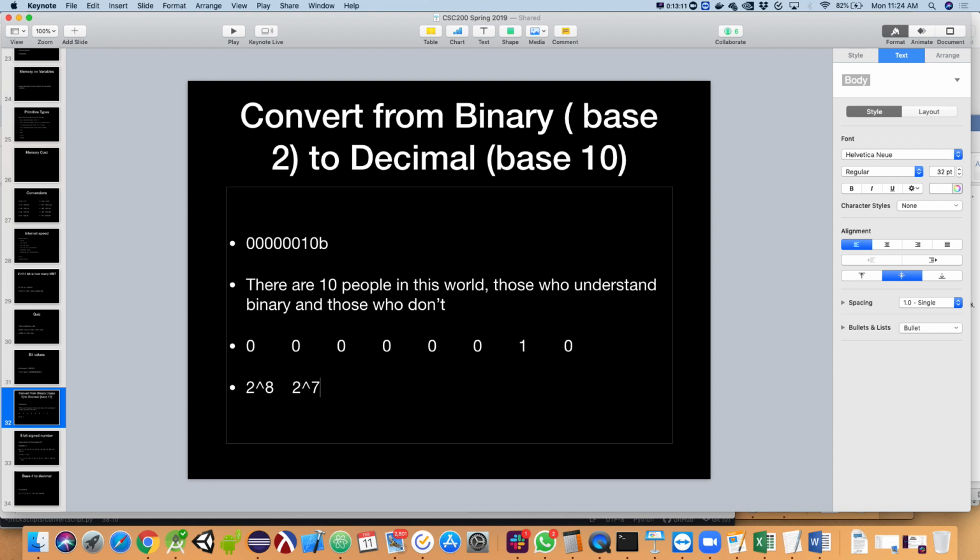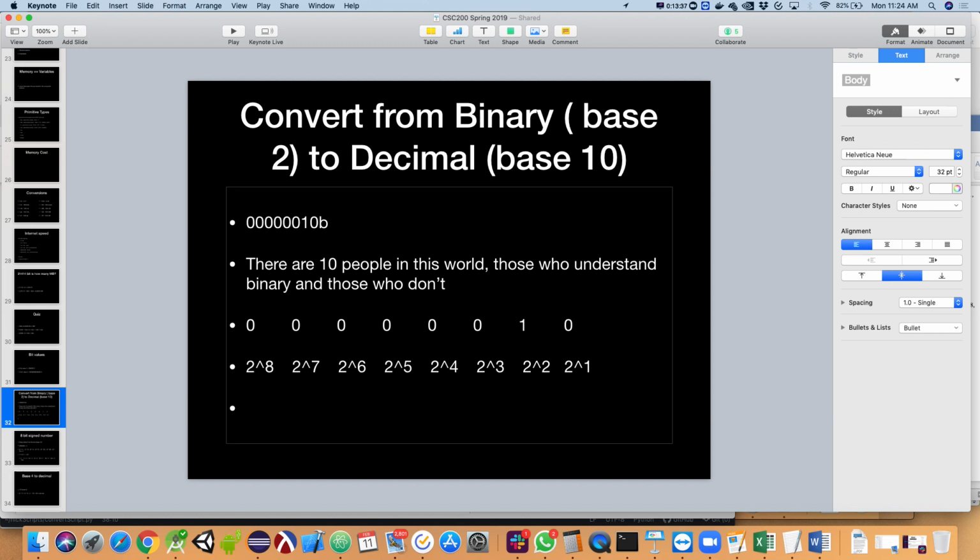This is 2 to the 7th, 2 to the 6th, 2 to the 5th, 2 to the 4th, 2 to the 3rd, 2 to the 2nd, 2 to the 1st. Or this is the 1s place, the 2s, the 4s, the 8s, the 16s, the 32s, the 64s, the 128s.